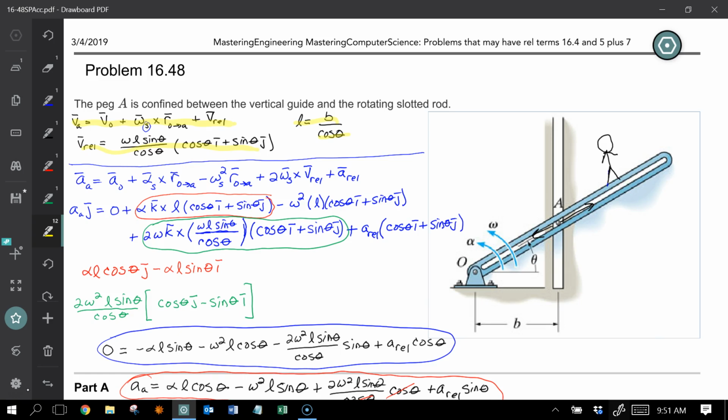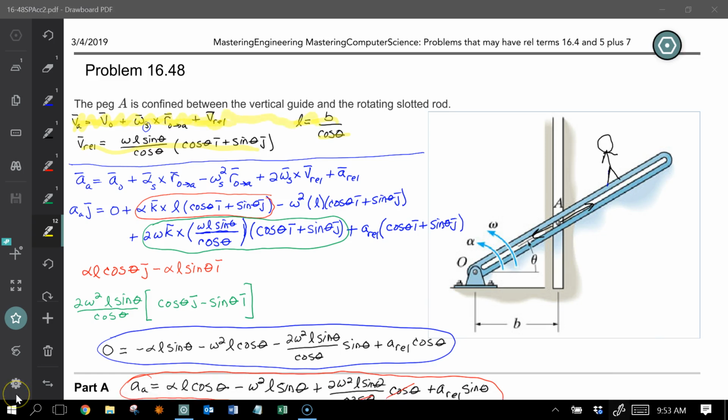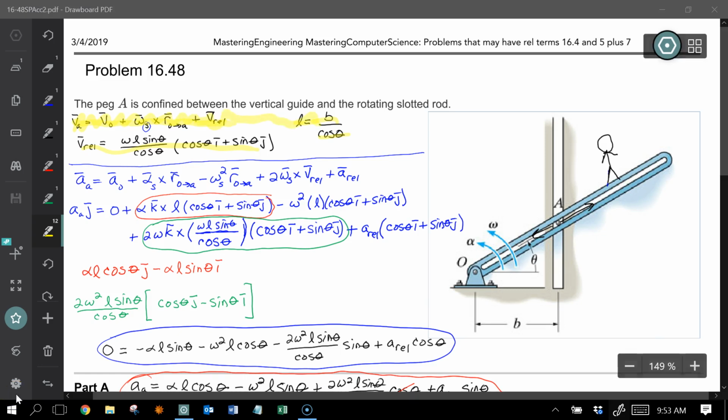In order to do the acceleration, with special points, what I recommend is that you mimic what you did for velocity. So you wrote one equation for the velocity of this. Okay, so you mimic what you did before. So before you wrote one velocity equation, and so you're going to write one acceleration equation. You're going to use the same 2 points that you used before.